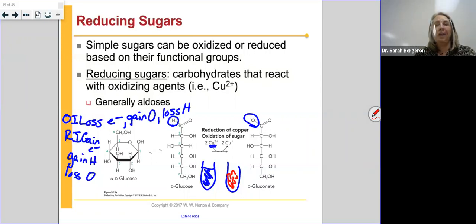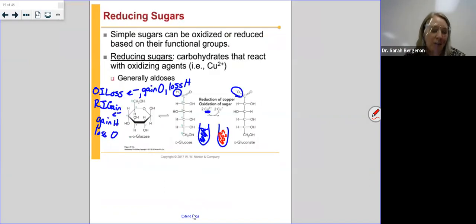And so you can actually test someone's sugar levels using urine and then being able to see if their glucose levels are too high. So this is one of the early ways that they tested people's blood sugar, and it was mostly urine. But they actually do a new test now, and we'll talk about it a little bit.